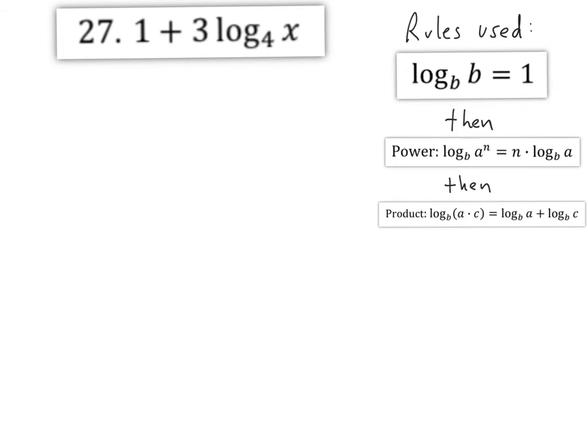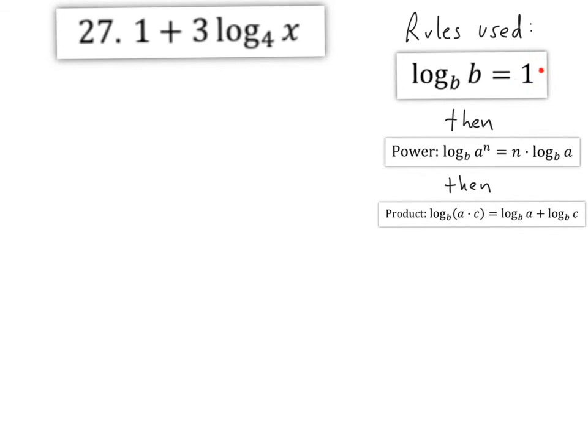So that 1 obviously isn't even written as a log. The question is, can we write 1 as some log that has the same base as this other log? This other log has base 4, so can you rewrite 1 as a log with base 4?